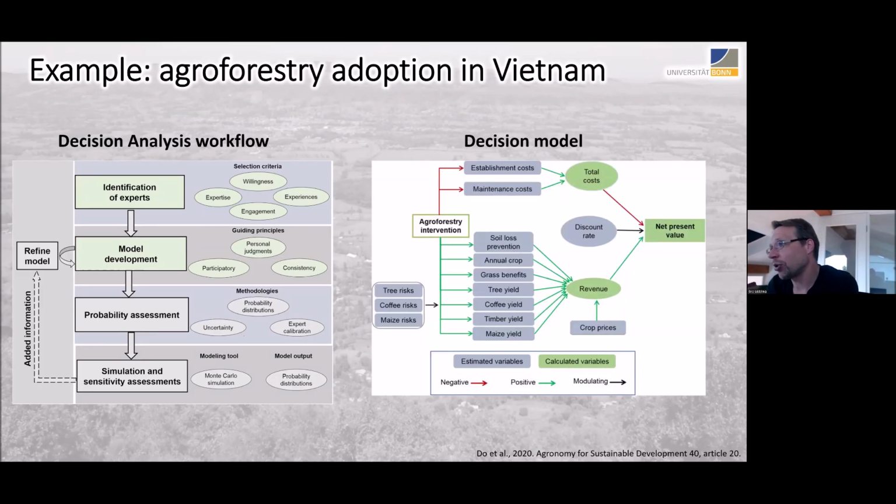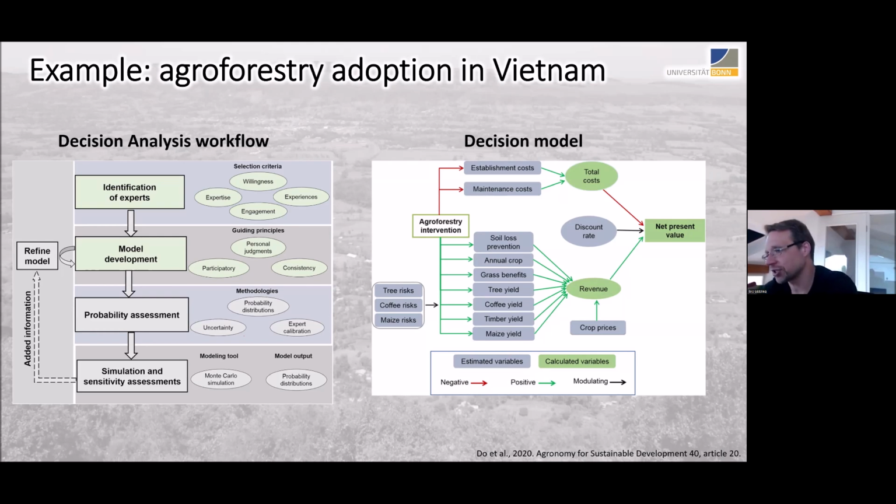And here's her model. It's not very complicated, but basically she was able to tabulate all the benefits and the costs of implementing agroforestry. So there are certain establishment costs, there are maintenance costs, there are different benefits that need to be considered, and all of them together result in a certain revenue. There are certain risks that are involved.